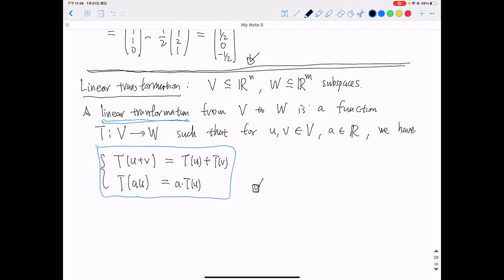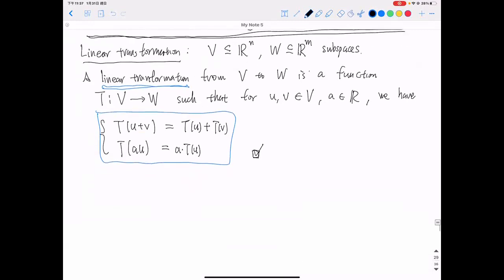In some sense, you can say that the requirements here are just saying that the function T is compatible with the vector space operations.